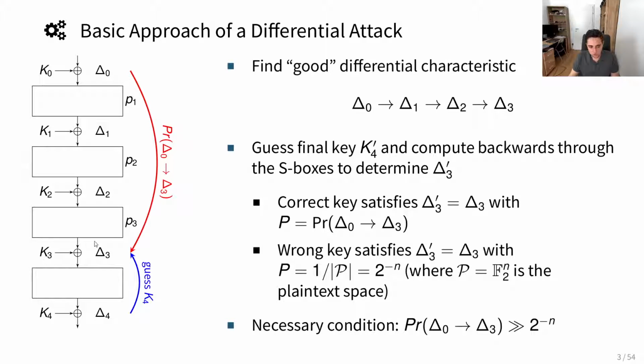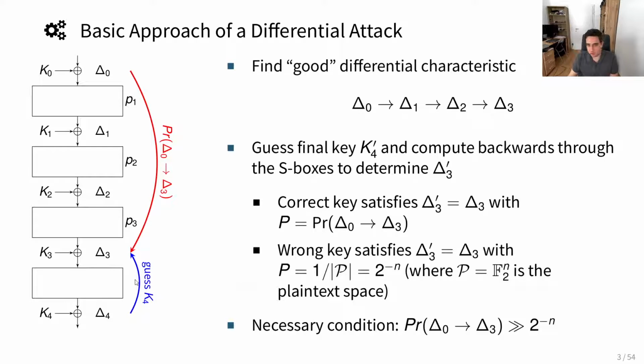What we try to do here is verify if the characteristic, if the differential holds. This is what we do in a classical way. And for a correct key, so if our guess is correct, then we have some probability, namely the probability we already know before, so this can be computed.